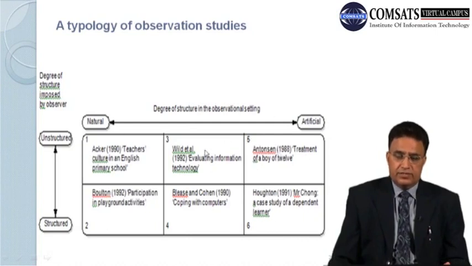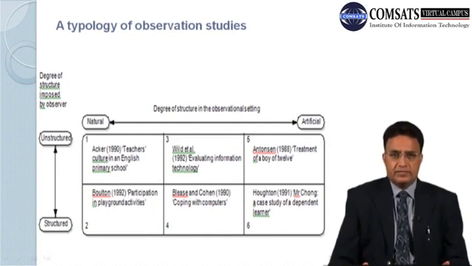So 5 or 6, they are towards the artificial settings more, and 1 and 2 towards the natural setting. So you classify different types of case studies according to whether they are structured or unstructured, and the second point, whether they are in natural settings or a bit artificial settings.